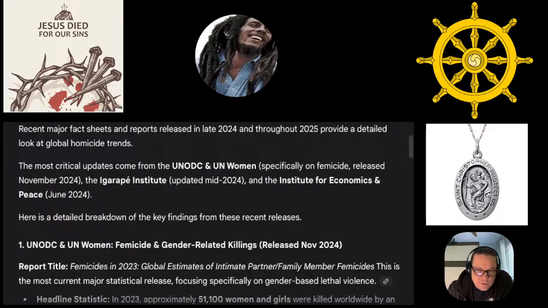The most critical updates come from the UNODC and UN Women, specifically on femicide released in November of 2024, the Igarapé Institute, updated mid 2024, and the Institute for Economics and Peace in June of 2024. Here's a detailed breakdown of the key findings from these recent releases.